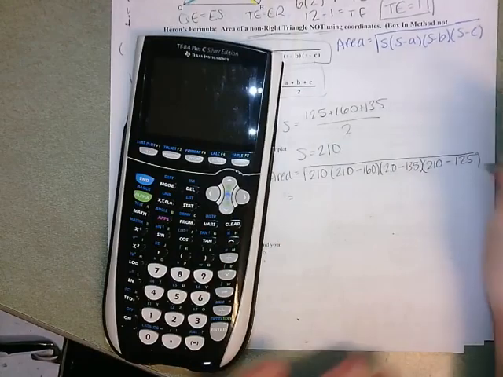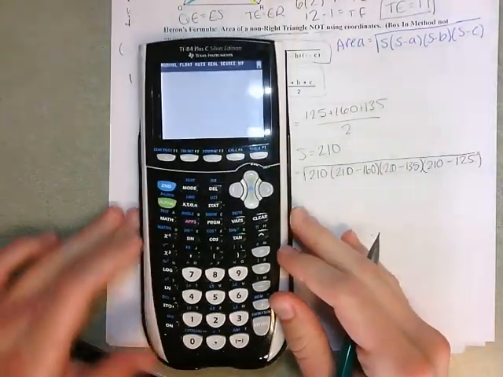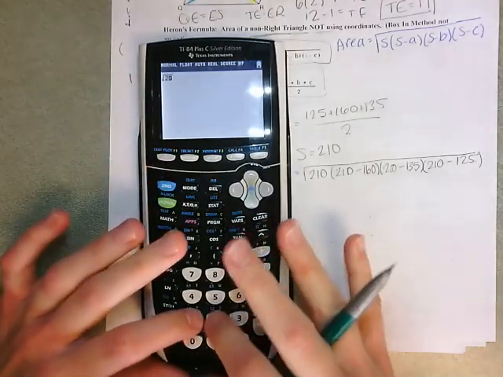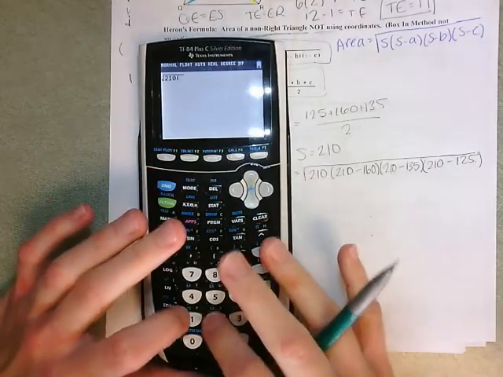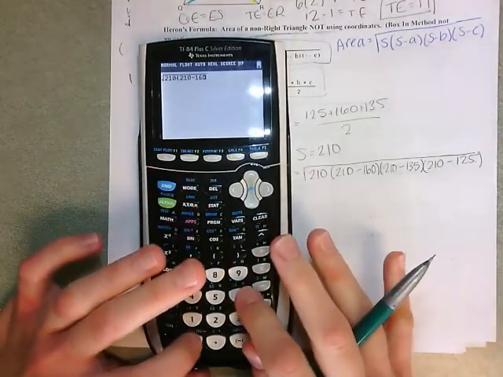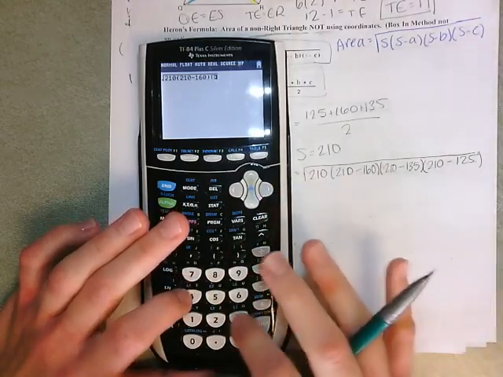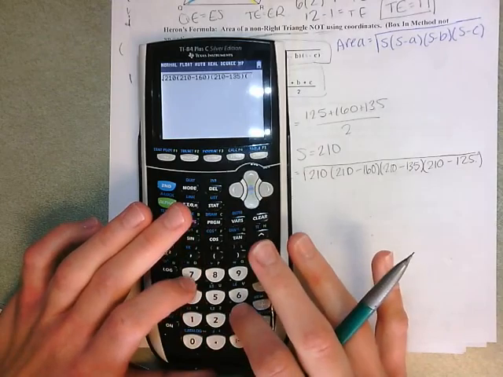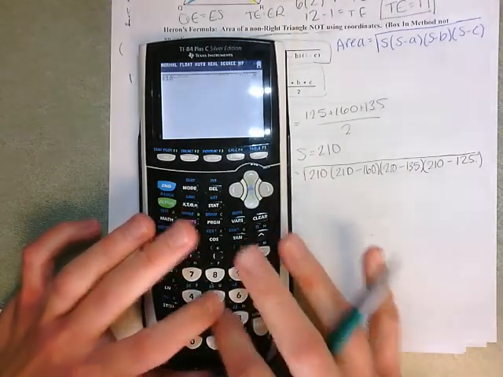Now we're just going to put all of this in our calculator. So 210 times (210 minus 160) times (210 minus 135) times (210 minus 125).